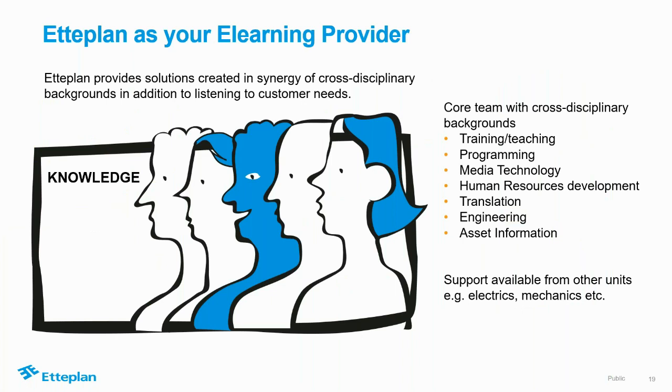When you have Etteplan as your e-learning provider, it provides solutions created in synergy of a cross-disciplinary background team, and of course, listening to the customer needs. The core team has backgrounds in training, teaching, programming, media technology, human resources development, translation, engineering, and asset information, to mention a few.